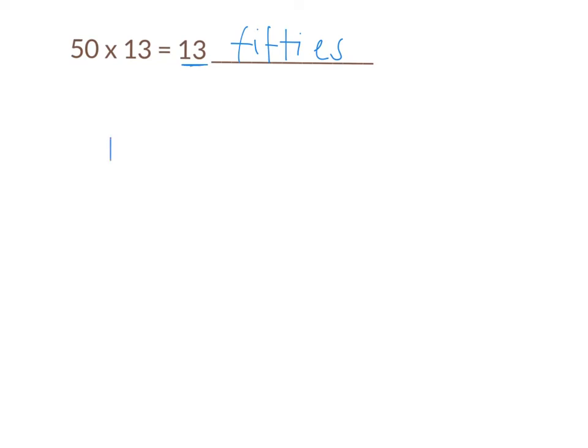Could we say that this is the same thing as 10 50s plus 3 50s? Last time we were always subtracting 1, right? But this time we're going to do 10 50s and then add 3 50s. We're breaking up that number into 2 parts that are easier to think about. Do you see that?